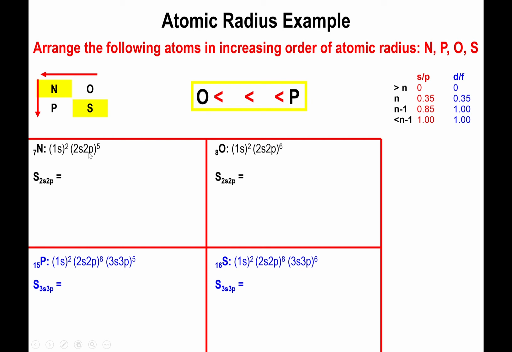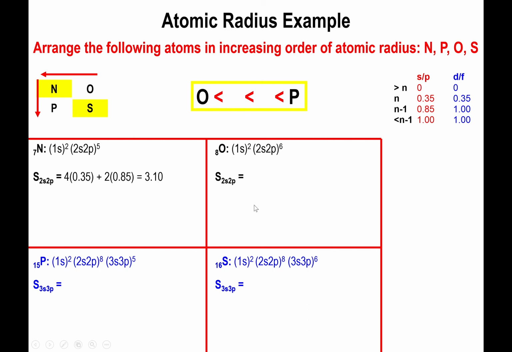So 4 out of the 5 will be shielding the fifth one. And so we multiply 4 by 0.35. And then we have one group to the left with lower energy value, 2 electrons present in it. So the 2 get multiplied by 0.85. That's what the table is telling us over here. And we sum these values together to tell us that 4 times 0.35 plus 2 times 0.85 is equal to 3.10.